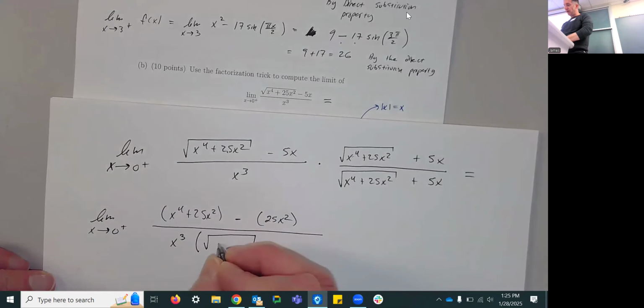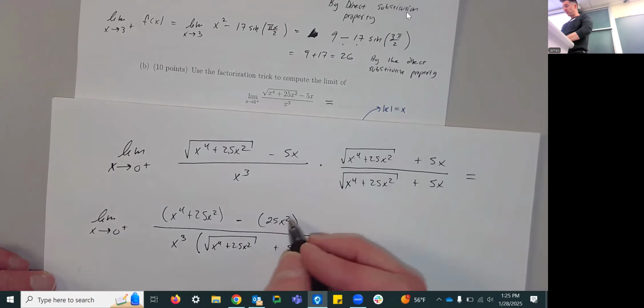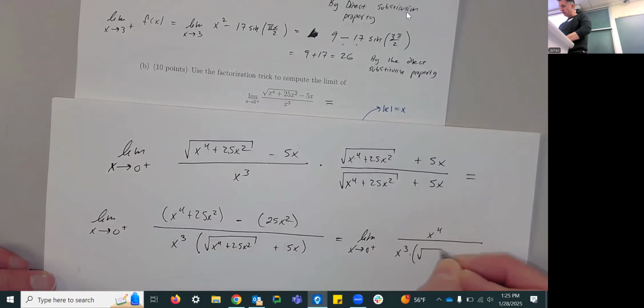So looking at this now, I kind of see why you might need to do what you did. Okay, that's fair. So looking at this, if we simplify the top, the 25x squareds cancel. We're left with the limit as x approaches 0 from the right of x to the 4th over x cubed times the square root of x to the 4th plus 25x squared plus 5x.